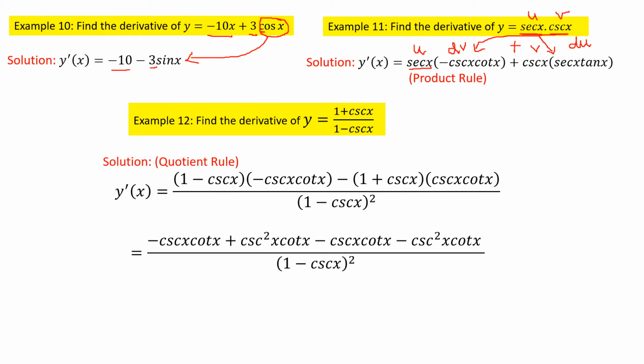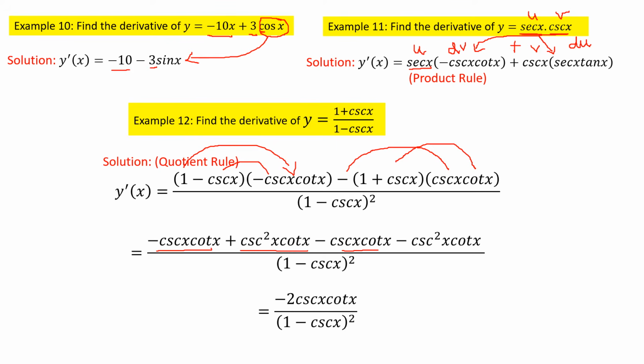Okay. By simplifying this, I will get 1 times this term will give you this. Minus and minus will give you plus cosecant squared x cot x. And here we'll have minus 1 times cosecant x cot x. I will get minus cosecant x cot x. And finally, cosecant x times cosecant x cot x will give you minus cosecant squared x cot x.